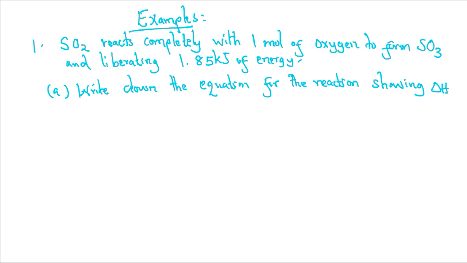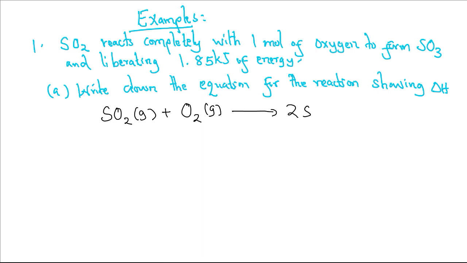That is, the equation is as follows. Delta H is equal to negative 1.85 kilojoule. To balance the equation, there is that.